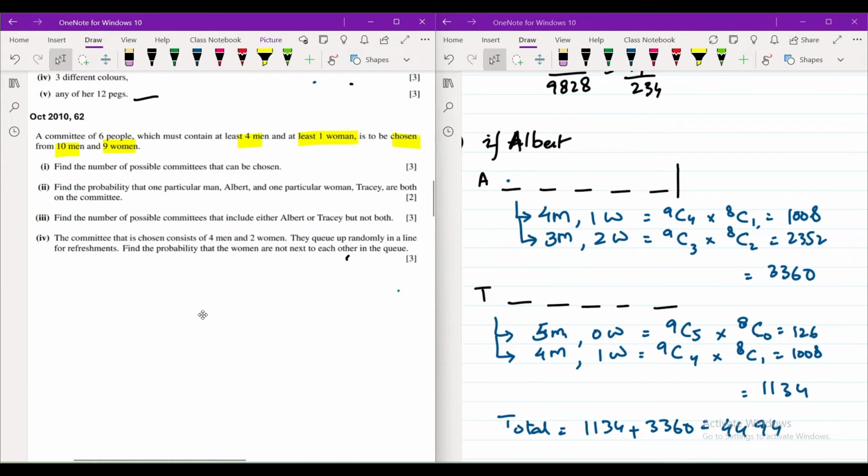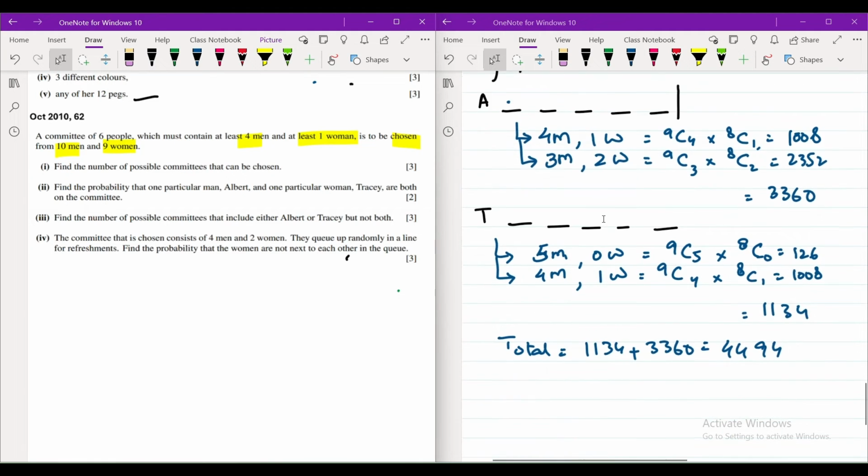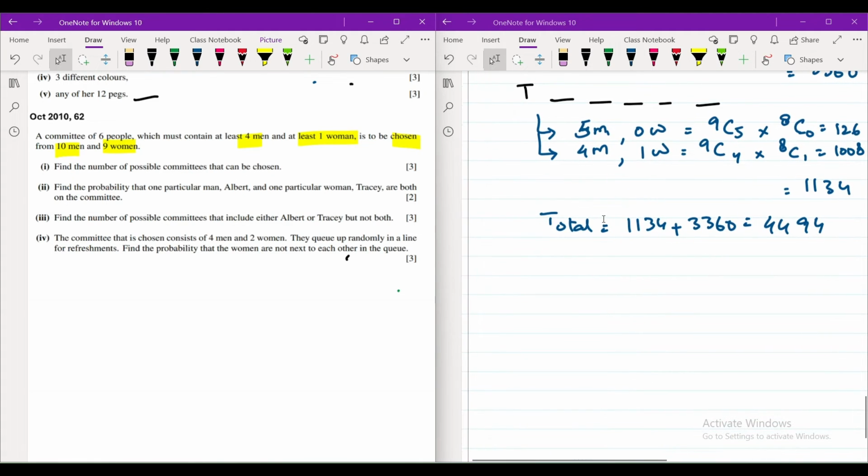Okay, all right. The committee that is chosen consists of four men and two women. They queue up randomly in a line for refreshments. Find the probability that the women are not next to each other in the queue. Right, okay. Now this is an arrangement case over here.